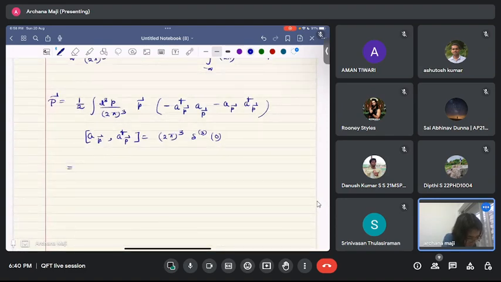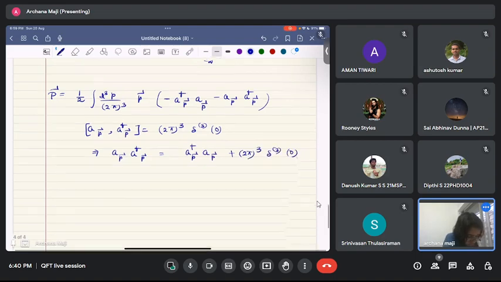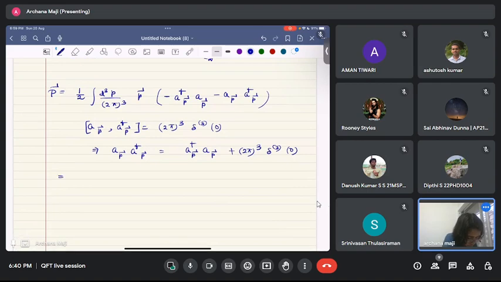So this implies that a p a dagger p is nothing but a dagger p a p, okay, plus 2 pi cube delta 3 at 0.